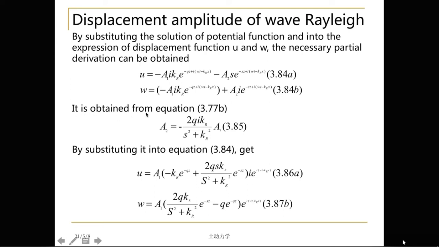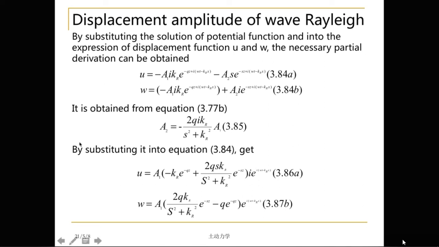It is obtained from equation 3.77b that a2 equals negative 2qikr over (s squared plus kr squared) times a1. Now we get the relationship between a1 and a2.